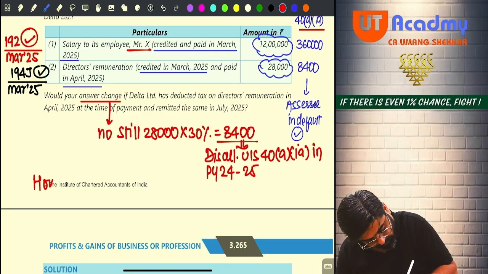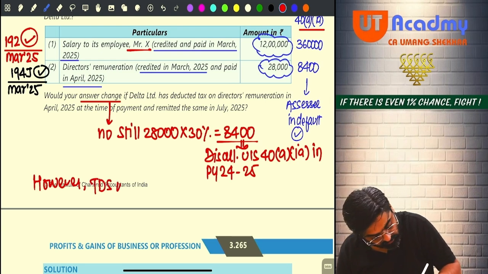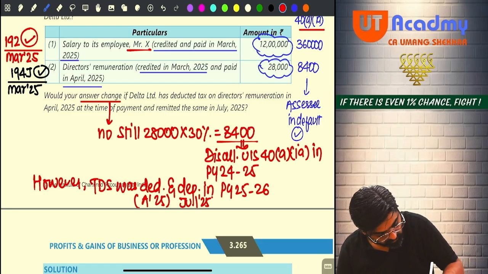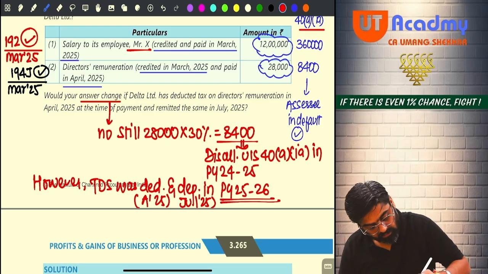However, TDS was deducted and deposited in previous year 25-26. Deducted in April 25, deposited in July 25. Yes or no? That is in previous year 25-26.